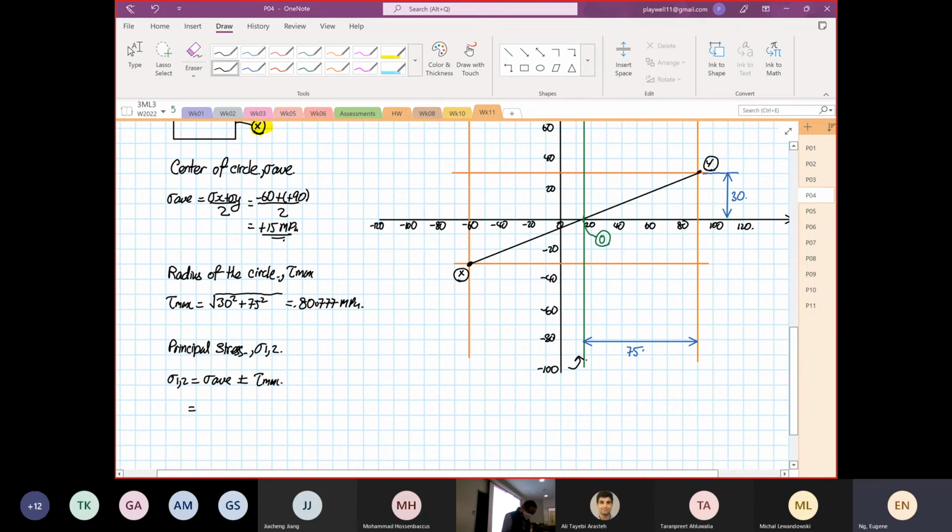So this is equal to positive 15, I do apologize, plus or minus 80.777. So we have two values.